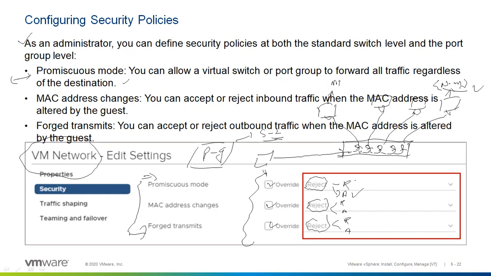If I select reject, which is the default mode, then the traffic coming for a particular port will be received by that port only. That will not be further copied or broadcast to another port. That is the function of promiscuous mode.